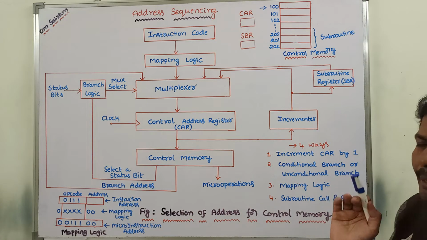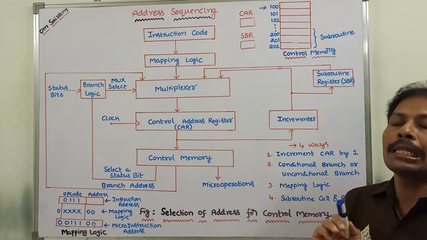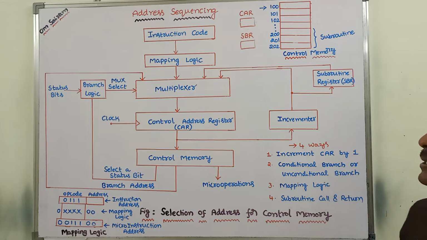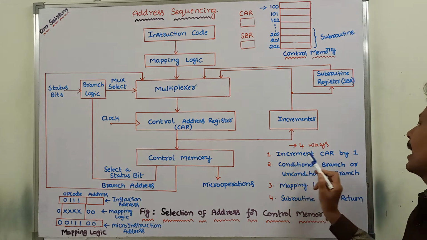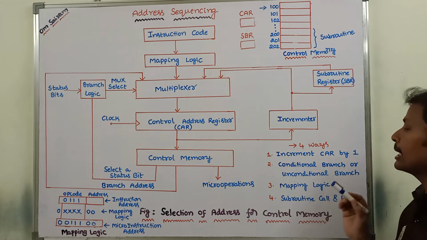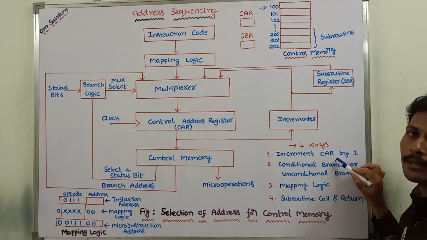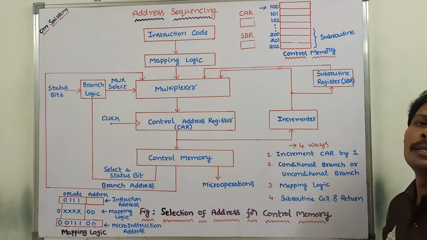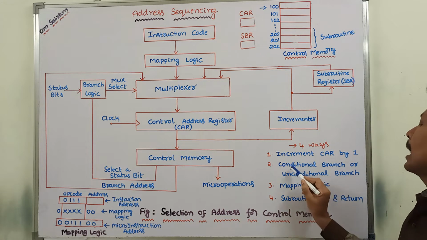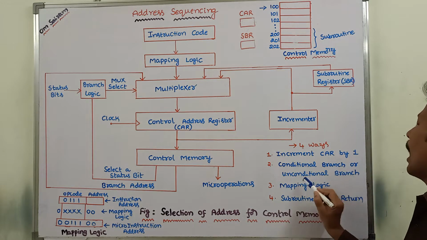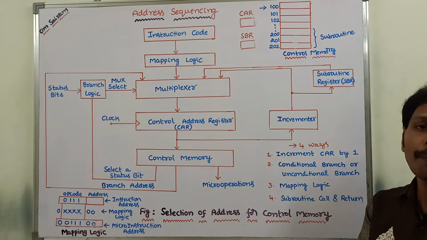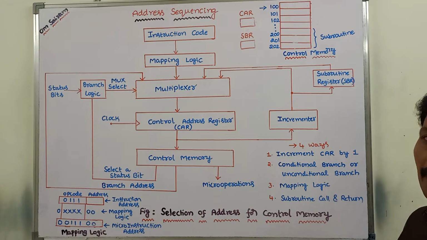The address sequencing can be done in 4 ways. First way is incrementing the content of the control address register by 1. The second way is conditional branch or unconditional branch depending on the status bit conditions.